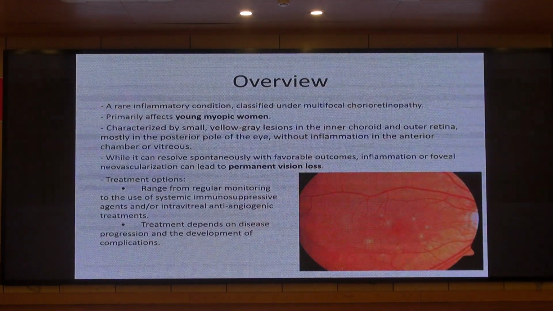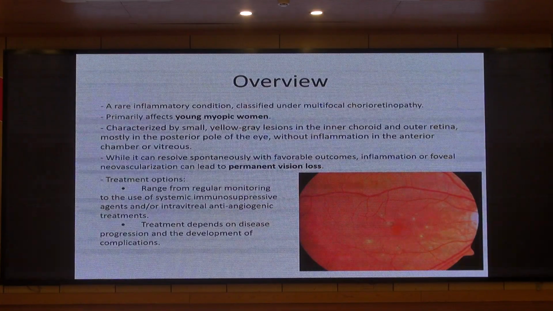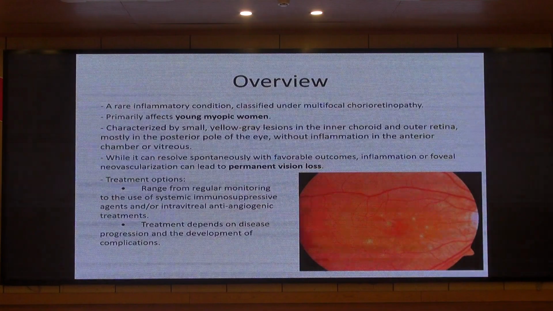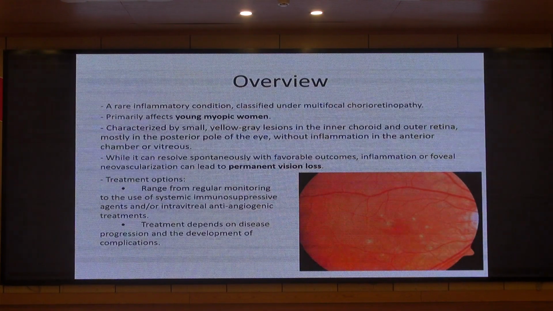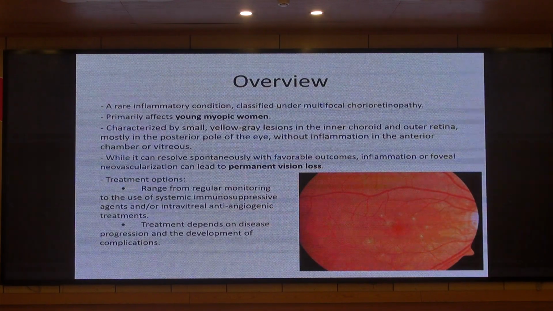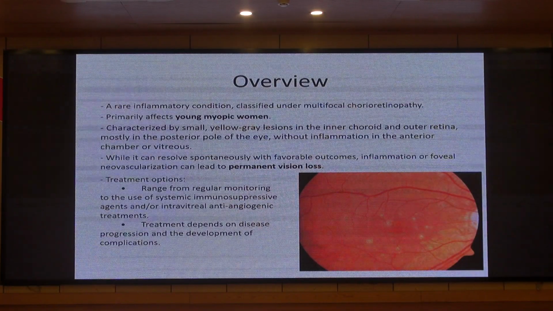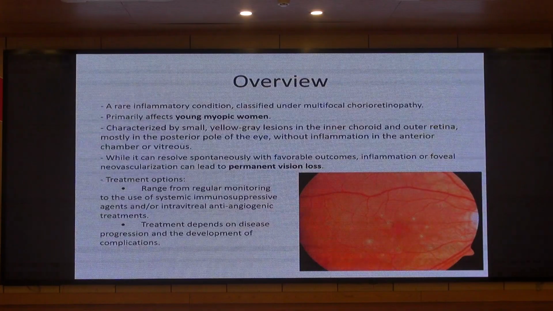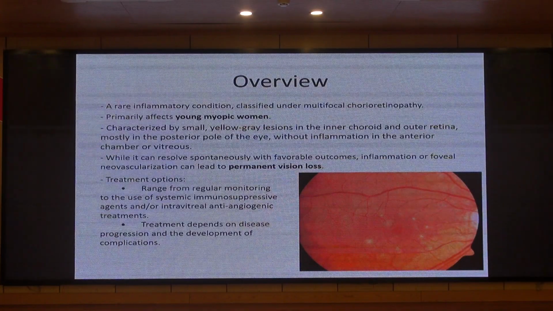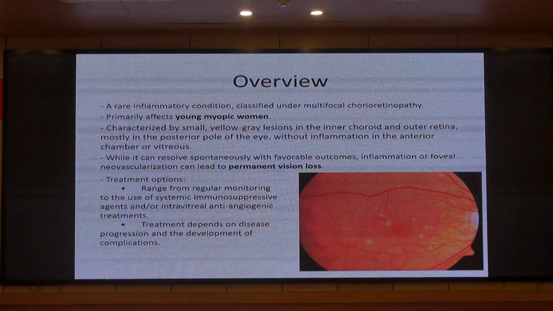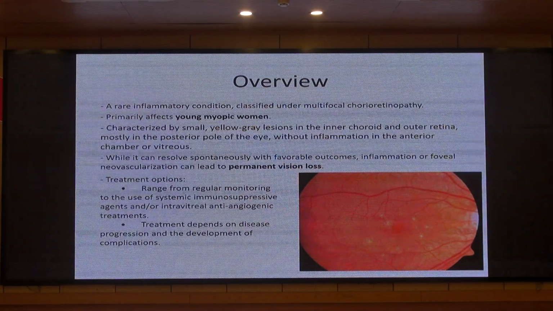PIC is a rare inflammatory condition classified under multifocal choroiditis. It primarily affects myopic patients. It is characterized by small lesions in the inner choroid and outer retina, mostly in the posterior pole of the eye, without inflammation in the anterior chamber or vitreous.